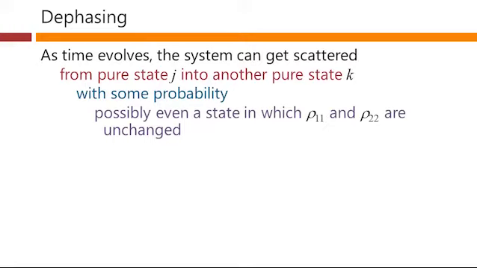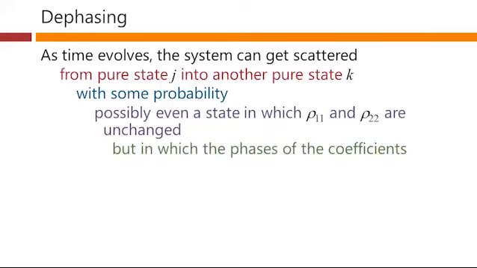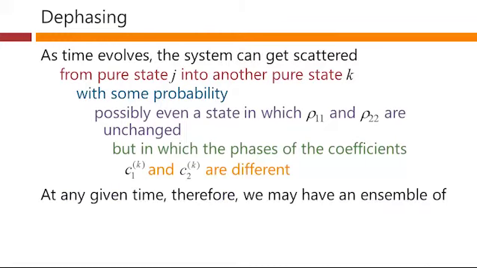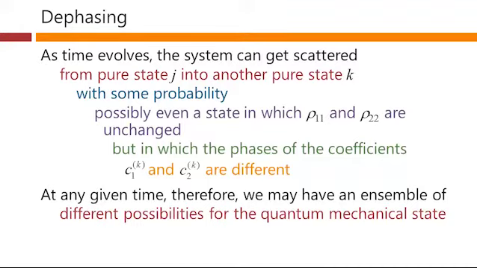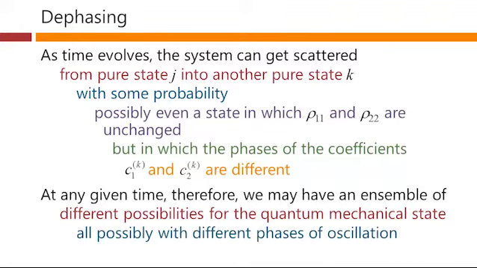That is, for scattering from state j into state k, maybe it makes no difference to the populations of these states, but the phases of the coefficients, these ones here, are different. At any given time, therefore, we may have an ensemble of different possibilities for the quantum mechanical state, all possibly with different phases of oscillation in that time-varying factor.